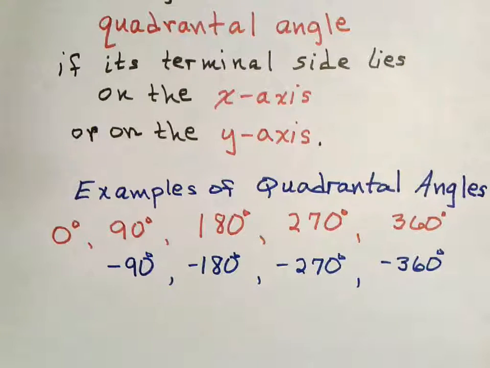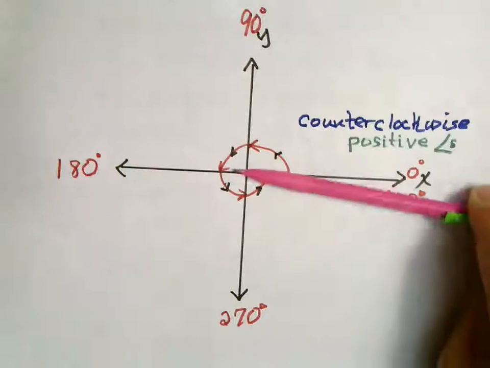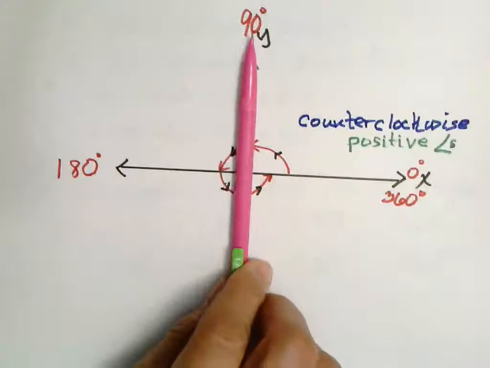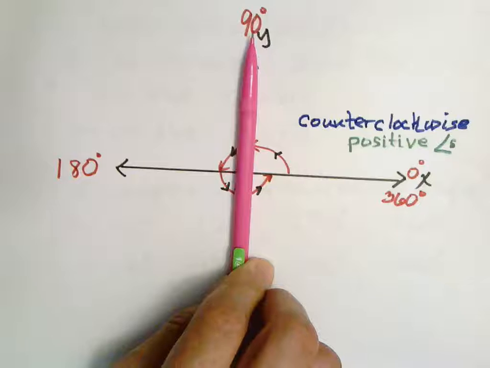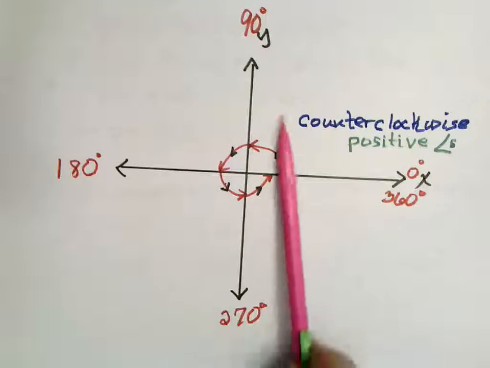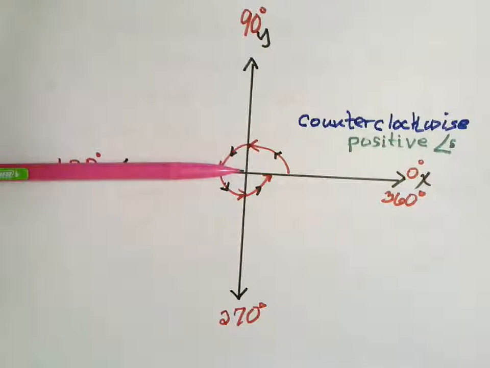Let's look at this again. I start here on the positive x-axis, and I'm going counterclockwise. The terminal side right here ends up on the positive y-axis. So that's a quadrantal angle. If I start on the positive x-axis and go counterclockwise, my terminal side will end up on the 180 degrees.